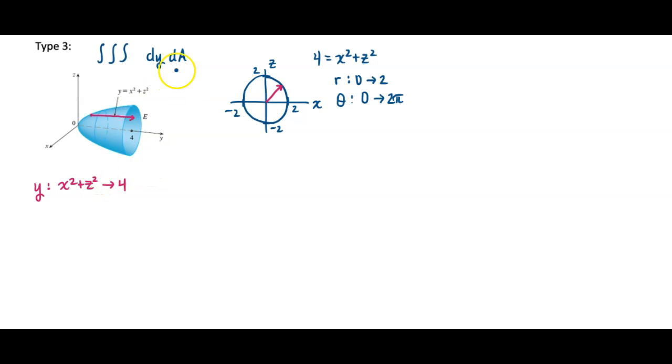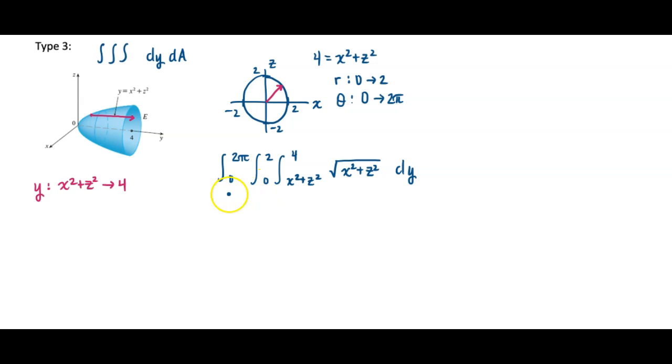But I'm starting in rectangular coordinates. So, setting this up, this is going to be the integral from 0 to 2 pi, and then from 0 to 2, and then from x squared plus z squared to 4 of the square root of x squared plus z squared dy.